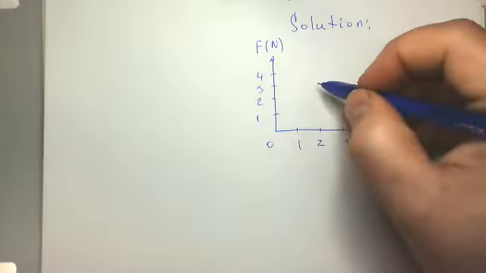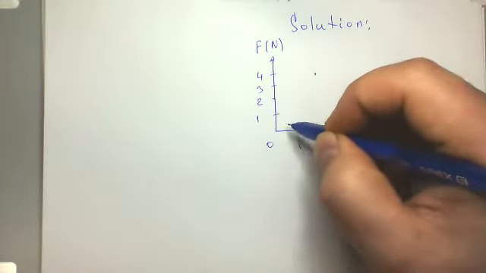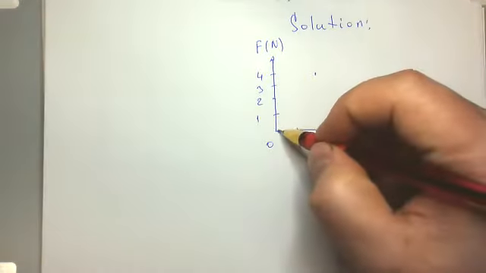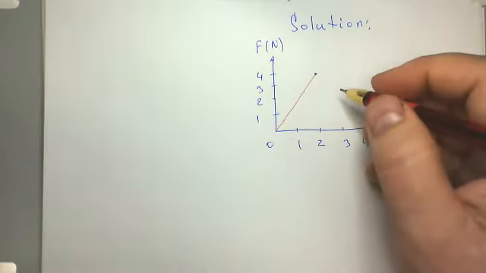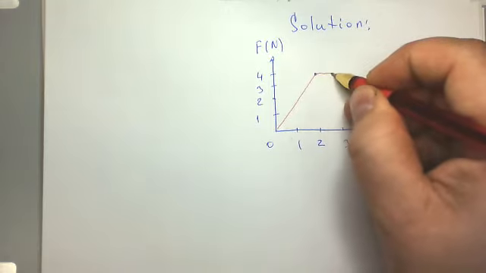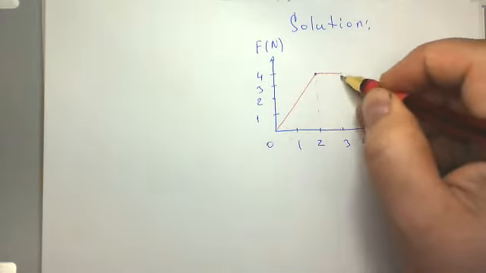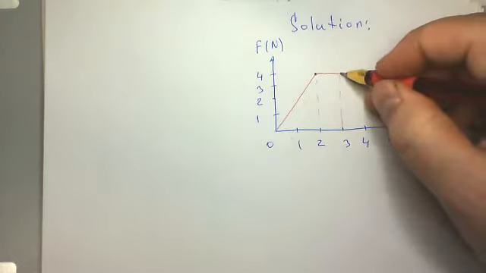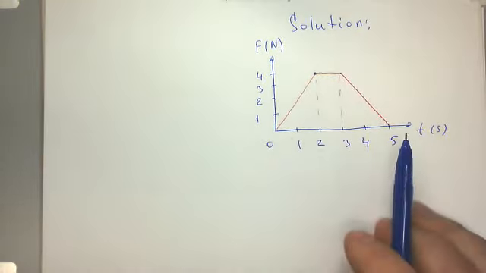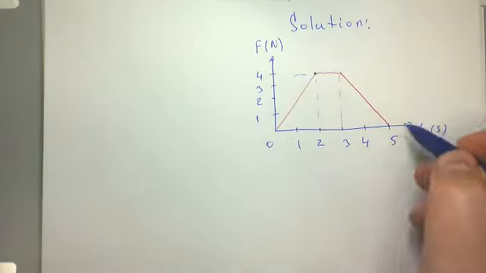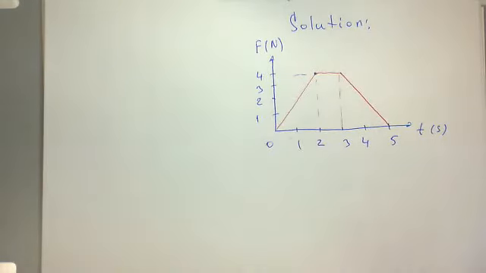For the first 2 seconds, the force increases linearly from 0 to 4 newtons. It's given in the problem. Then the force applied to the system remains the same during the next 1 second, and then it goes down again linearly in the next 2 seconds, from 4 newtons to 0 at 5 seconds.